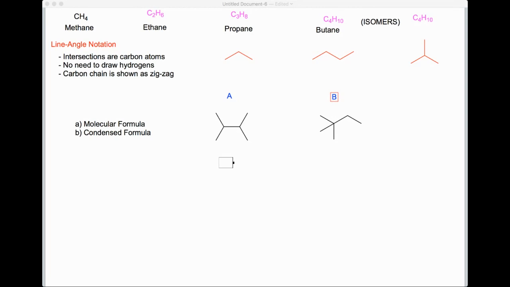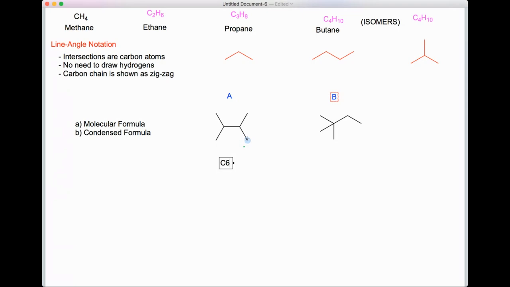So molecular formula is how many carbons total in this molecule? In molecule A, how many carbons? 6 carbons, right? So that's C6. So 1 carbon here, 2, 3, 4, 5, and 6. And then hydrogens, how many hydrogens here?